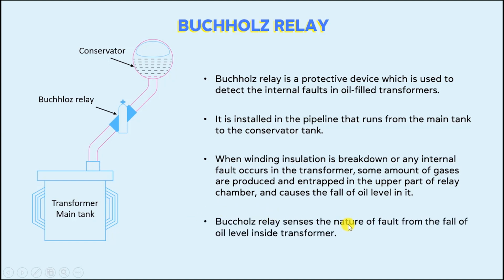Buchholz relay senses the nature of a fault from the fall of the oil level. As we studied earlier, the transformer oil helps the Buchholz relay to sense the nature of the fault from the level of oil. So in this way, Buchholz relay detects the fault inside the transformer.